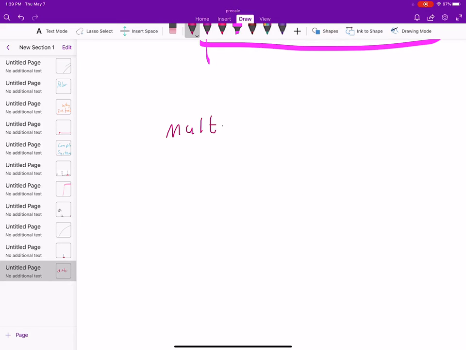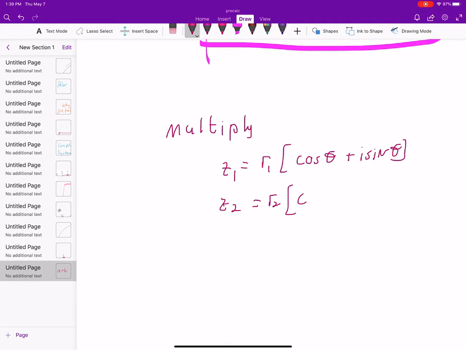Okay, so if we're going to multiply two complex numbers in trig form, for example, if we have this one, I'm just going to call this Z1 equals R1 times cosine of theta plus I sine theta, and this one is Z2 equals R2, whatever that is, cosine alpha plus I sine alpha.